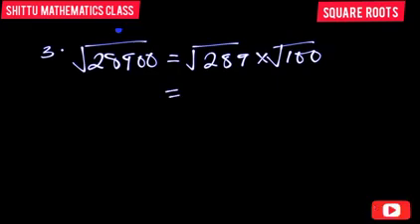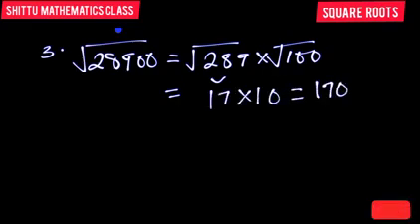So from there we look for the square root of 289. That is what we multiply by itself that will give us 289, and that is 17, multiplied by 10. This is going to be 170. Therefore the square root of 28,900 is 170.